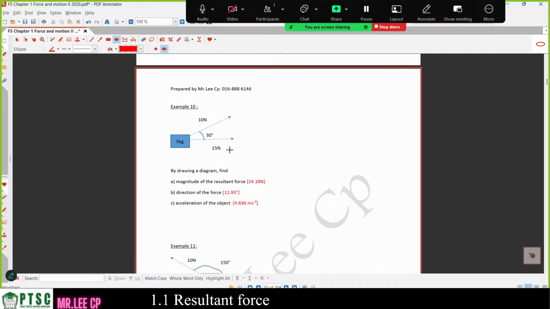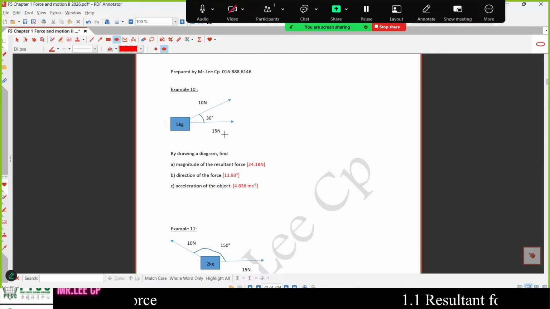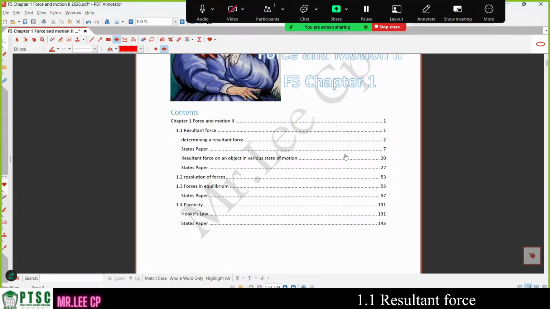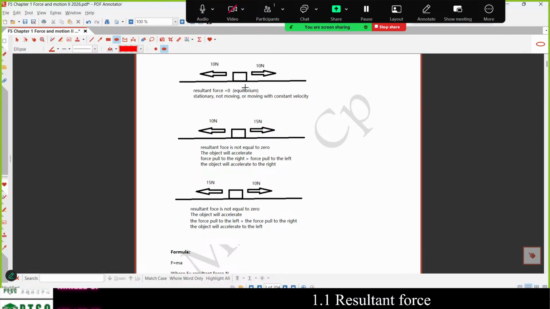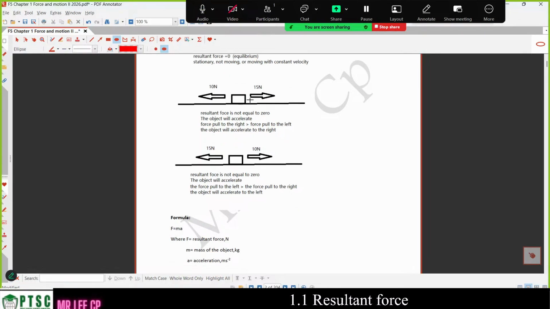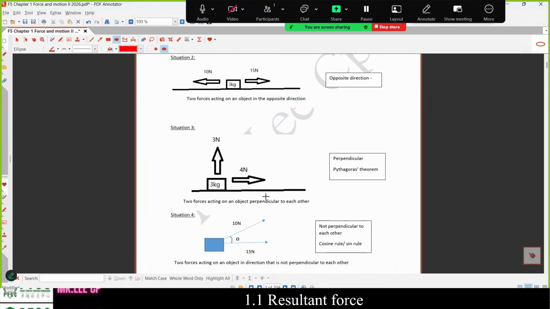So we are going to move to this one. All right, next one, example number 10. This kind of question has an angle, right? Just now, what we learned is the resultant force cases: constant velocity, or acceleration.